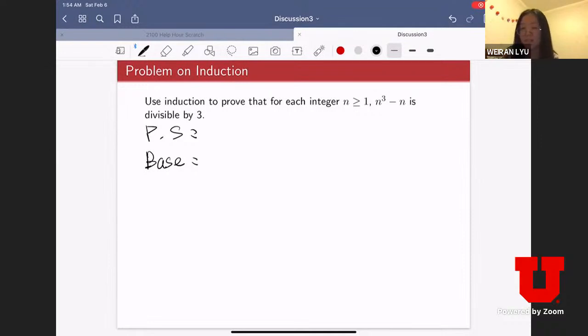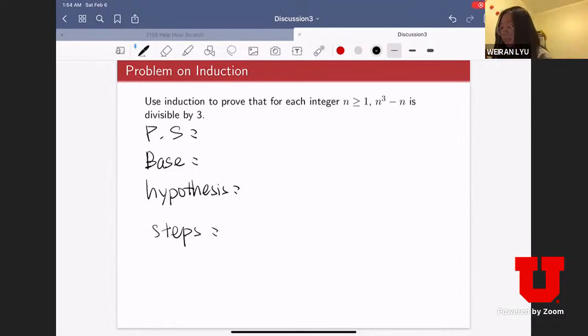I think we have that in the chat. The next one's gonna be the induction hypothesis. And the last step is gonna be the inductive step. All right, I'll just give you guys about 3 minutes to work on this one.